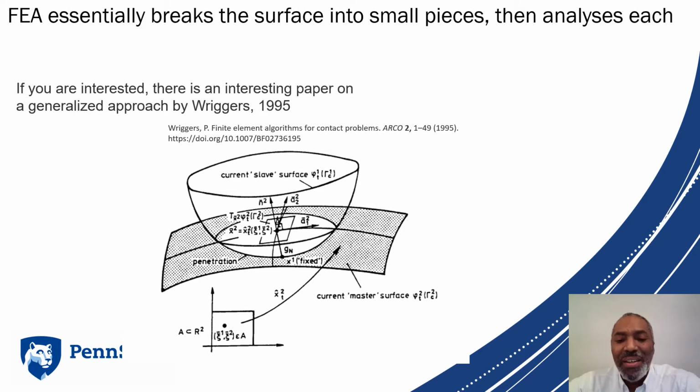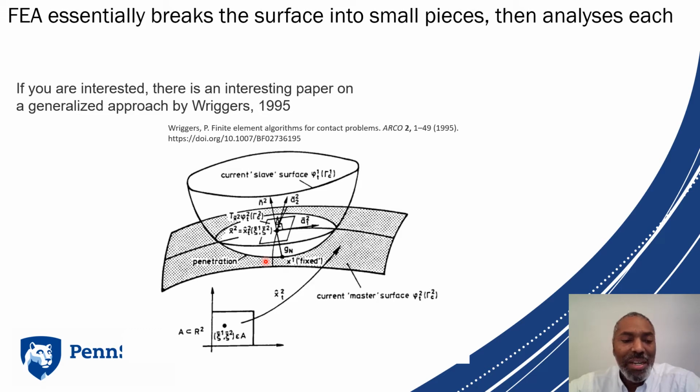But it lays out in that work a generalized method for if you have some sort of impactor, which has some radius, and if you have some surface, which again has some radius of curvature to it, you can define the interaction between this impactor and this surface in a localized coordinate system of natural coordinates for the FEA method.